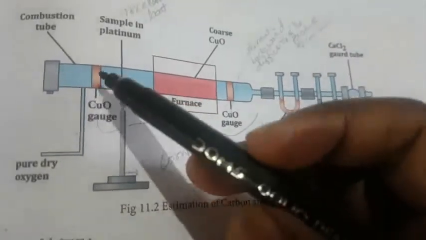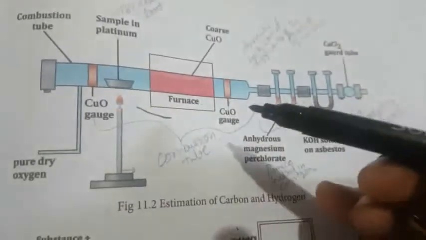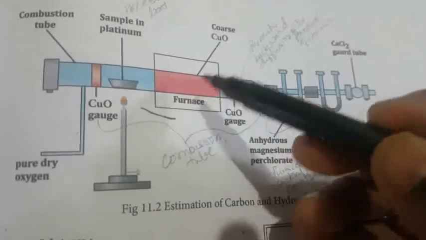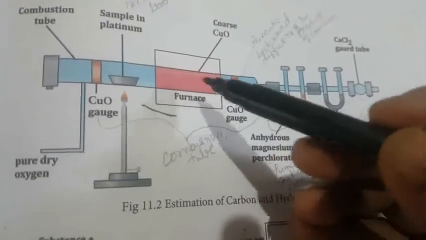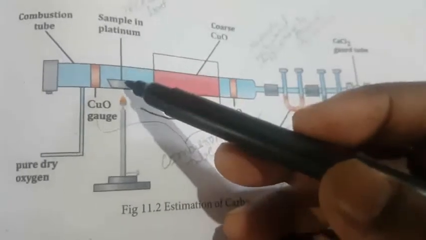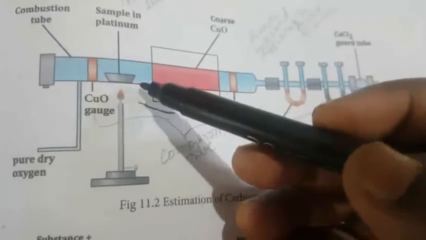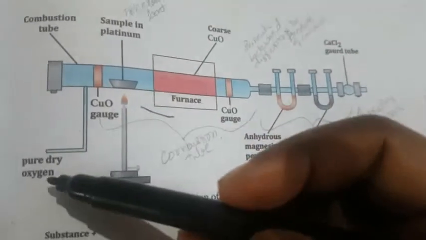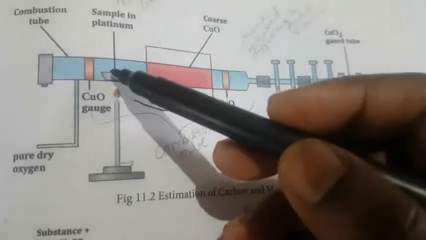What is the purpose of using this wire gauze? No backward reaction will occur. In this furnace, copper oxide will be present in the combustion tube. The sample is placed in the platinum cup. These are the apparatus used in the combustion tube. Here the pure oxygen is supplied to the combustion tube.